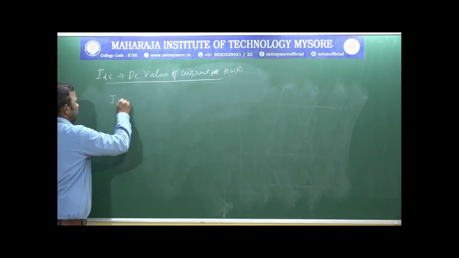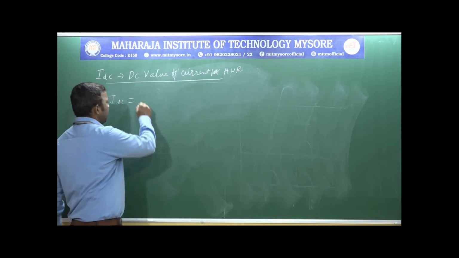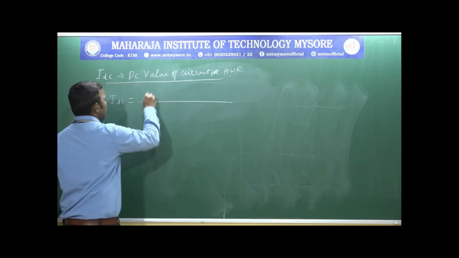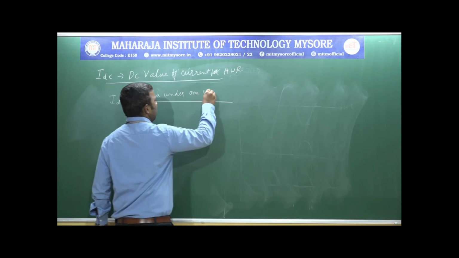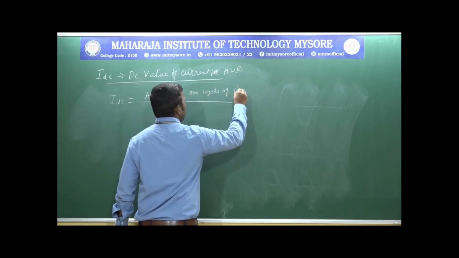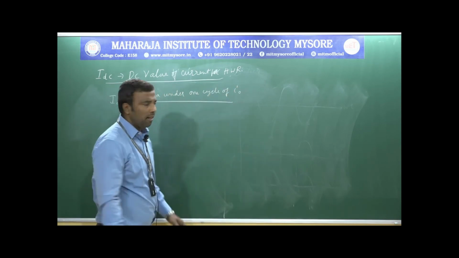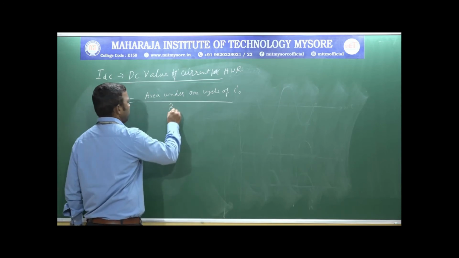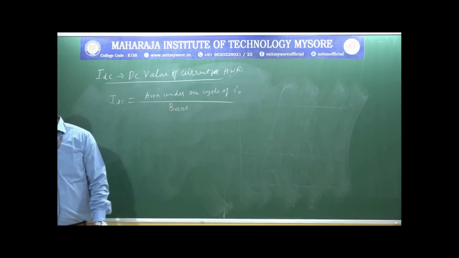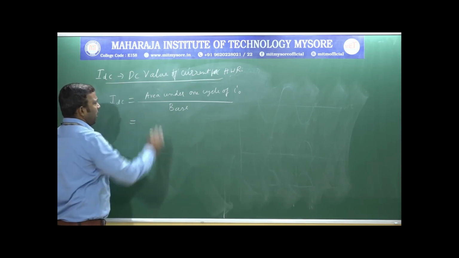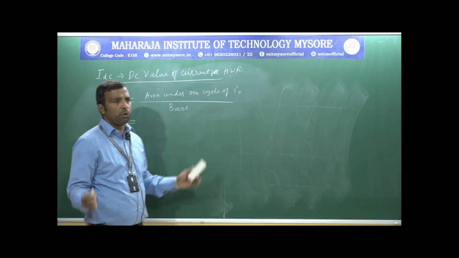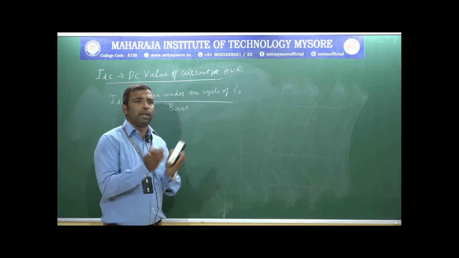IDC is given by the ratio of the area under one cycle of I naught or IL by the base. The base is considered as the entire period of the cycle, 2 pi, and the area under one cycle of I naught means we have to consider the entire value of I naught.